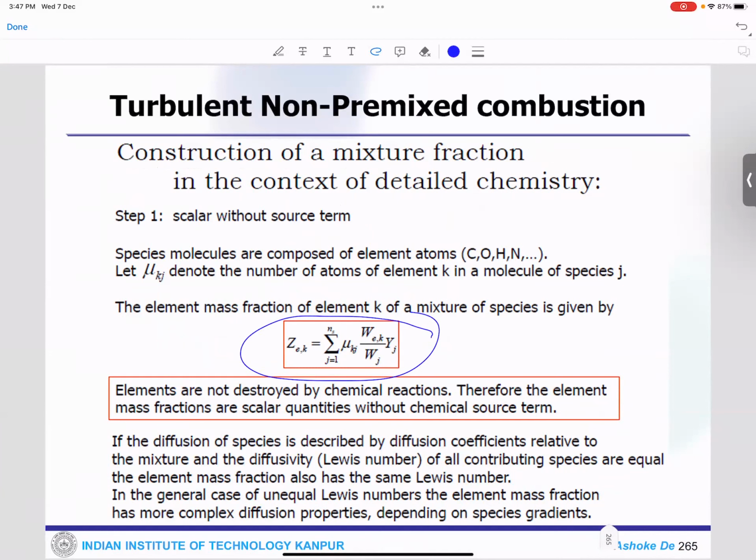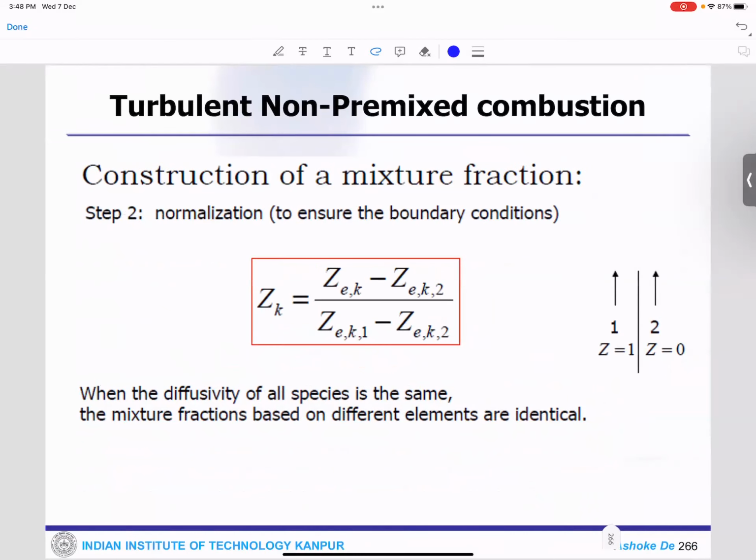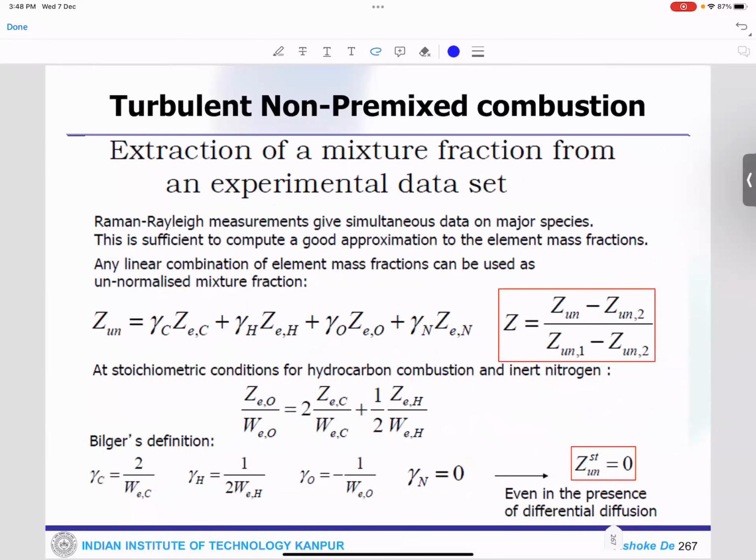Without calculation of the mixture fraction, you cannot use it. So here again we try to calculate the mixture fraction in the context of two inlets. Here you see that in an unburned situation, you consider the mixture fraction calculations using those elemental information.